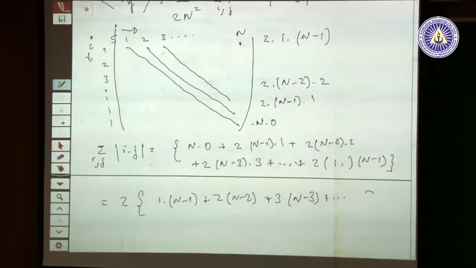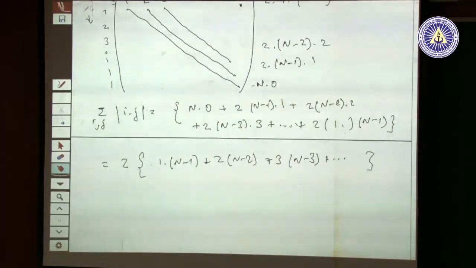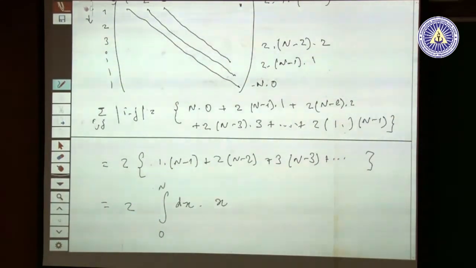Okay. When n is very large, we can substitute a sum with an integral. So we can write this as 2 times the integral from 0 to n dx of x times n minus x.